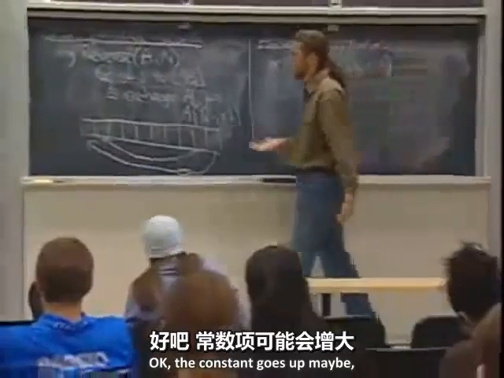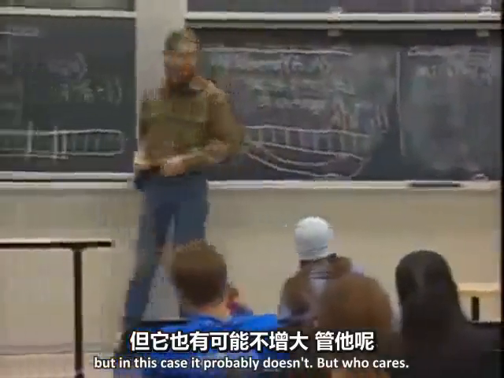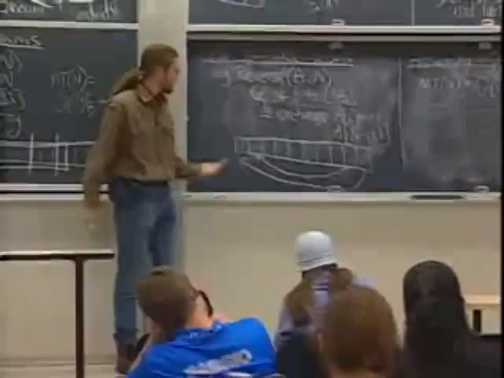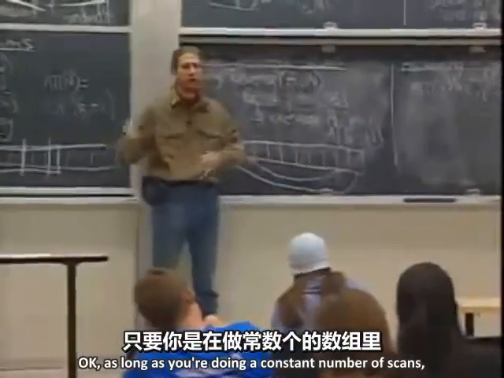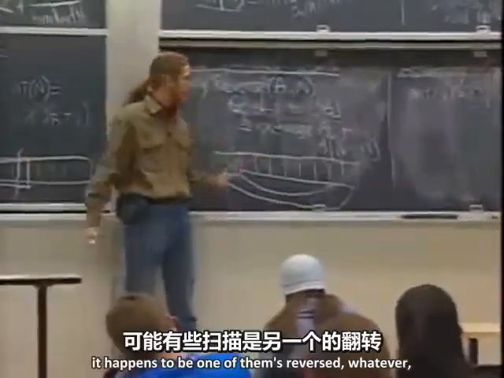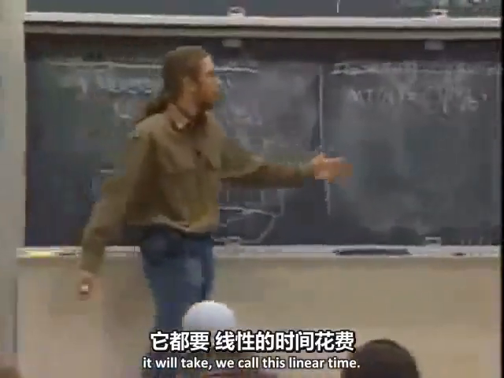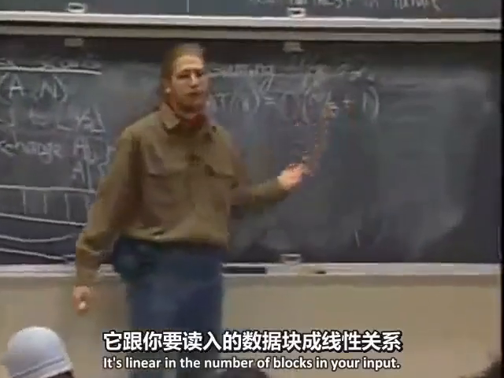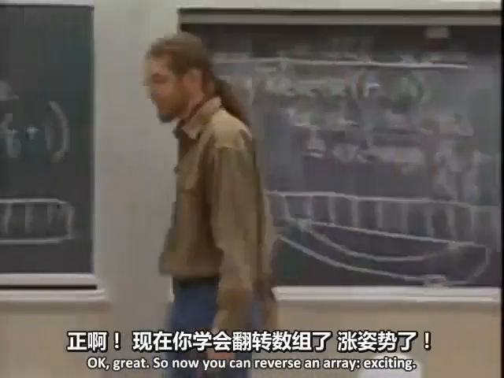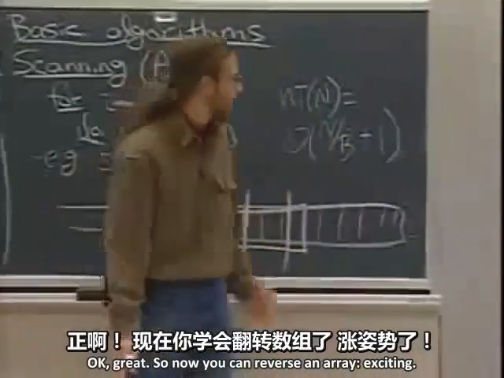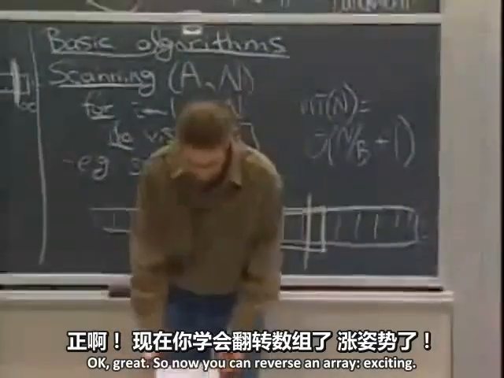Okay, the constant goes up maybe, but in this case it probably doesn't, but who cares? As long as you're doing a constant number of scans and some constant number of arrays, happens to be one of them's reversed, whatever, we call this linear time. It's linear in the number of blocks in your input. Okay, great. So now you can reverse an array. Exciting.